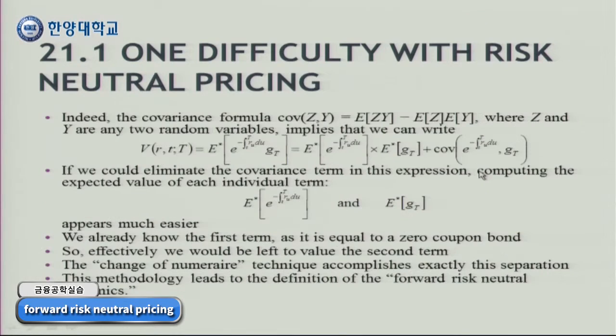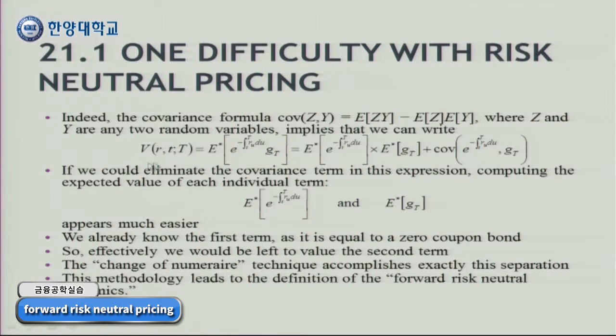Indeed, the covariance formula, okay, covariance between Z and Y, we can decompose into E[ZY] minus E[Z]E[Y], where Z and Y are any two random variables. This implies that we can write this price as this one. Okay? So this covariance part is inconvenient. We hate this part.